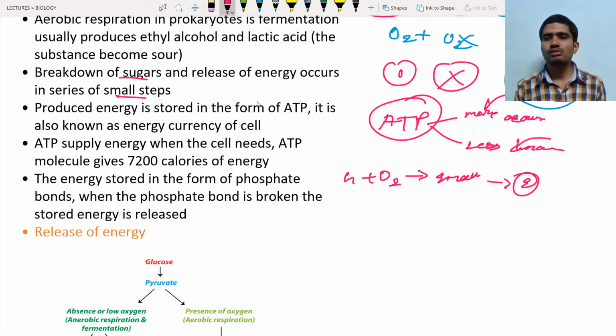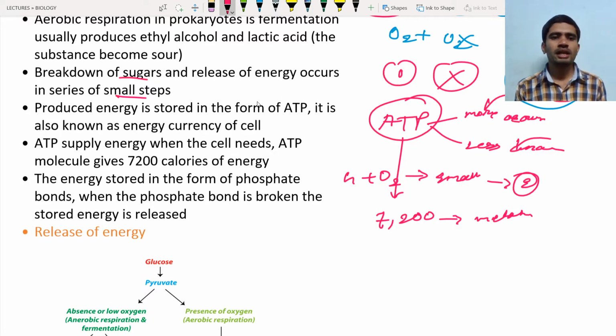If one ATP molecule is broken down, it is going to produce 7,200 calories. Such energy will be released. This energy is utilized for the metabolic process, or you can call it work in the cells. Okay, the cells are utilizing this energy to perform their functions.